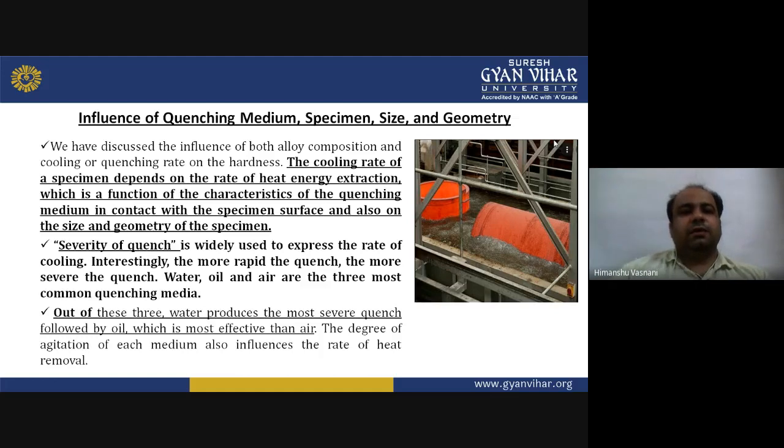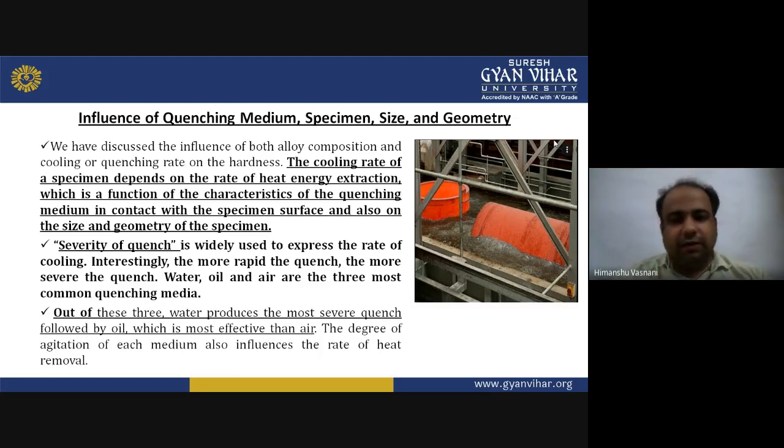The cooling rate of the specimen depends on the rate of heat energy extraction, and that heat energy extraction is a function of the characteristics of the quenching medium in contact with the specimen surface. The medium which you are using for quenching depends upon these characteristics, and also on the size and geometry of the specimen.